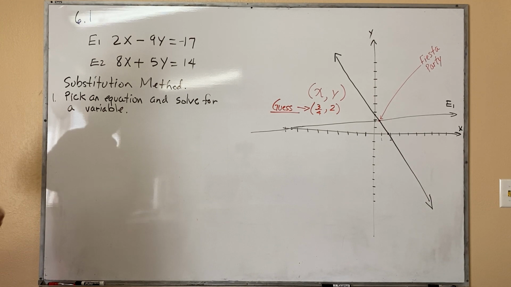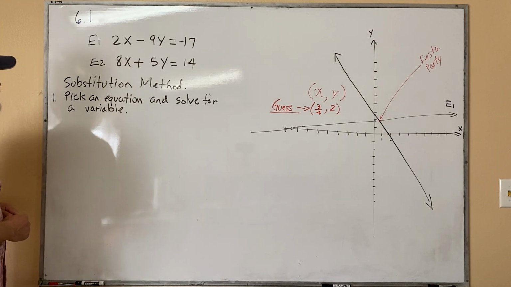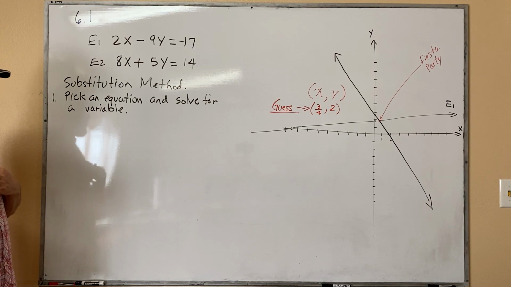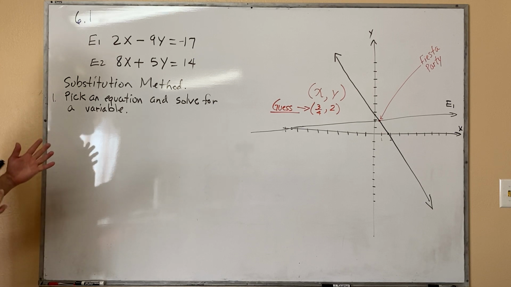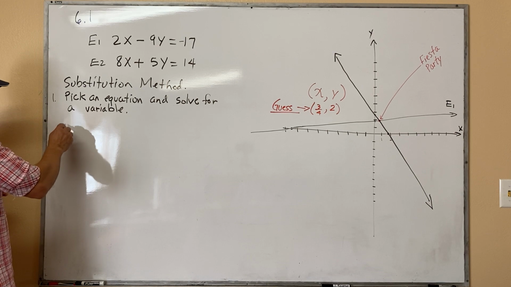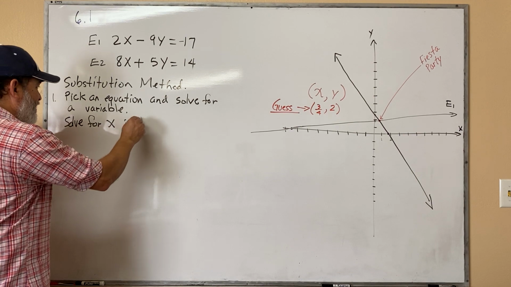Both equations are a little bit difficult because they both have fractions. So let's see. I'll pick equation 1. Remember, you have a choice. You don't have to follow me. But I'll pick equation 1 and I'll solve for x. Step number 1, solve for x in equation 1.